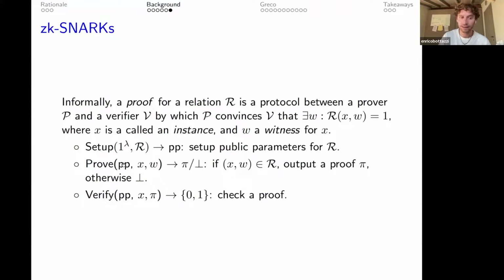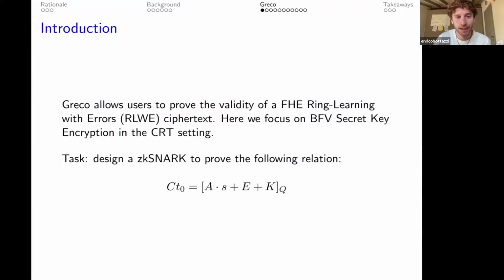And we usually have these three main algorithms for a zk-SNARK protocol. And also, on a more colloquial level, you often hear witness being called the private input and X, or instance, being called the public input. So we'll stick with this very colloquial definition throughout the presentation.